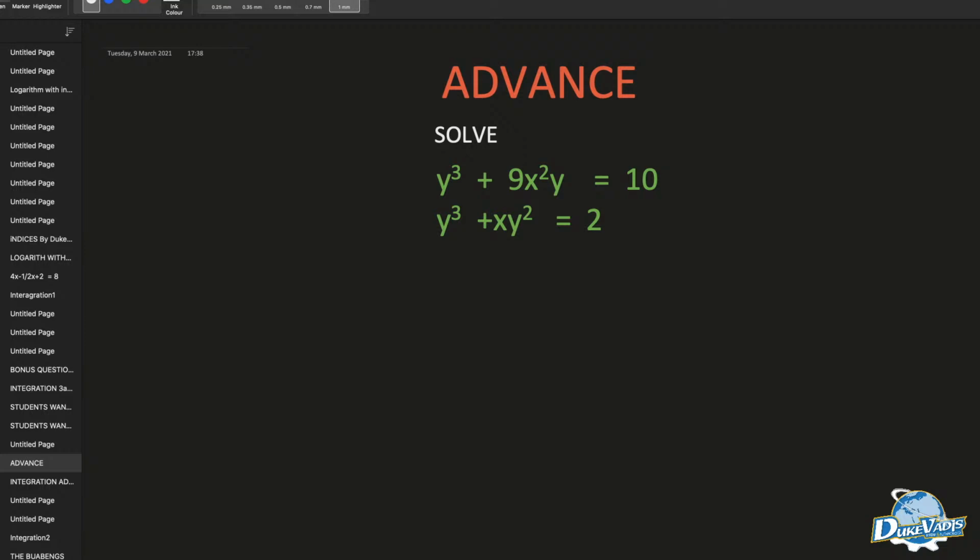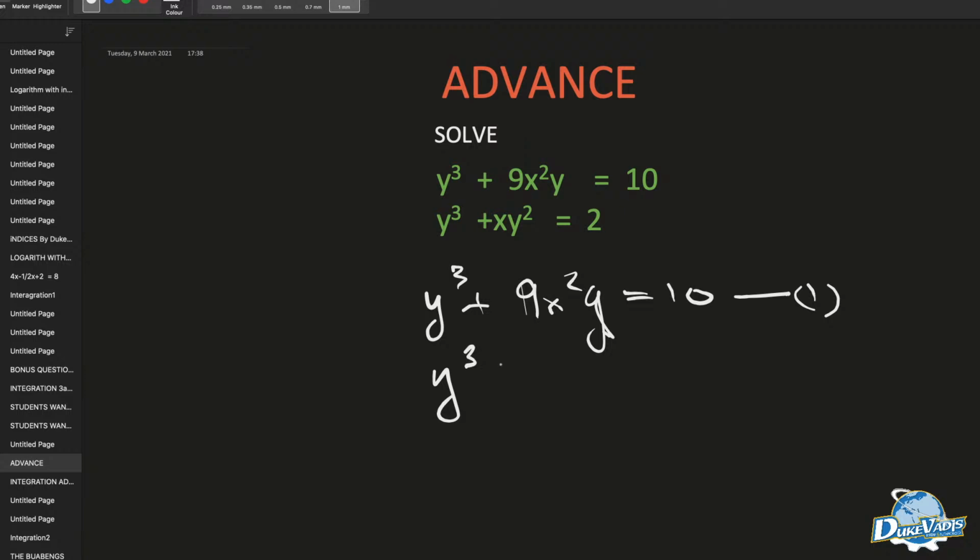Okay, somebody will say, why don't you make y cubed the subject? Maybe if we have y cubed plus 9x squared y is equal to 10 as equation 1, and y cubed plus xy squared is equal to 2 as equation 2.